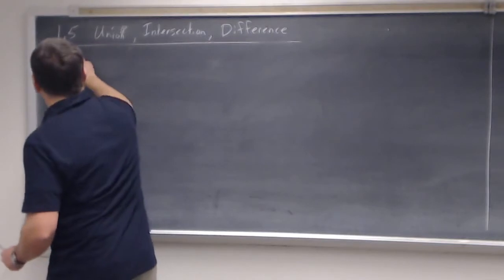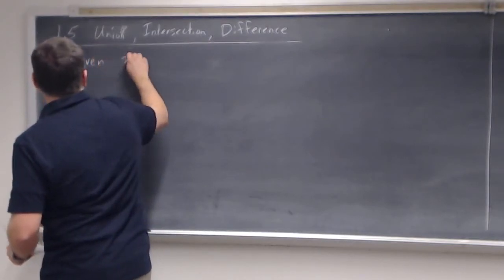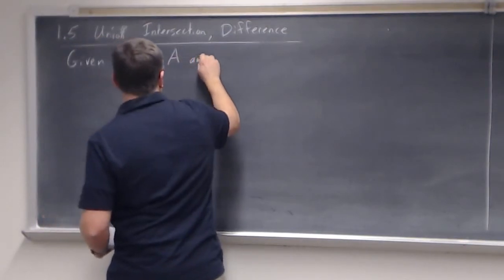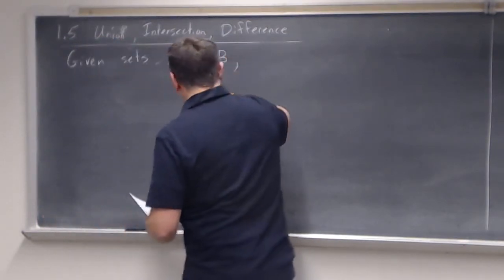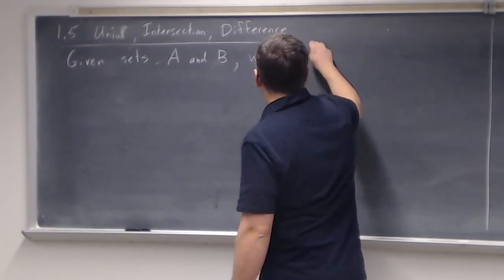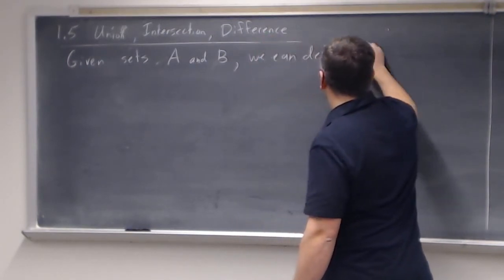Okay. So suppose you have two sets. Given sets A and B, we can define three new sets.